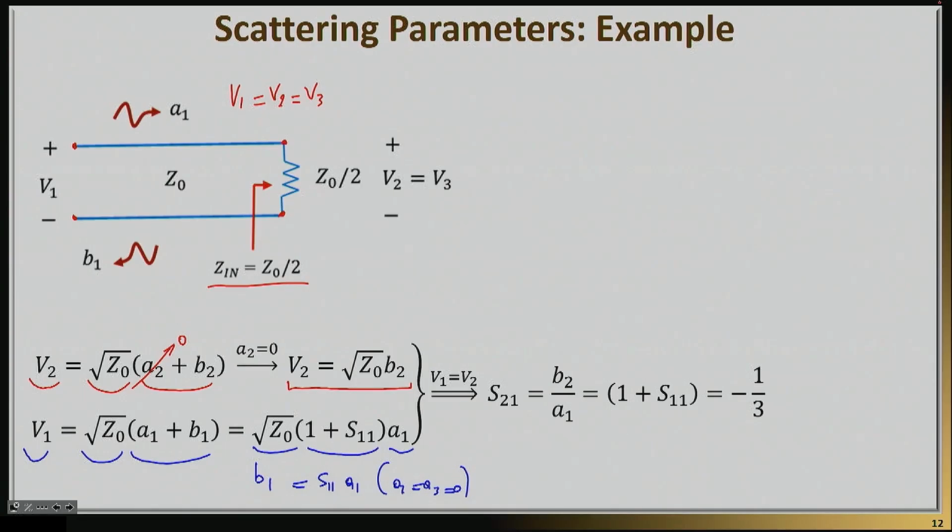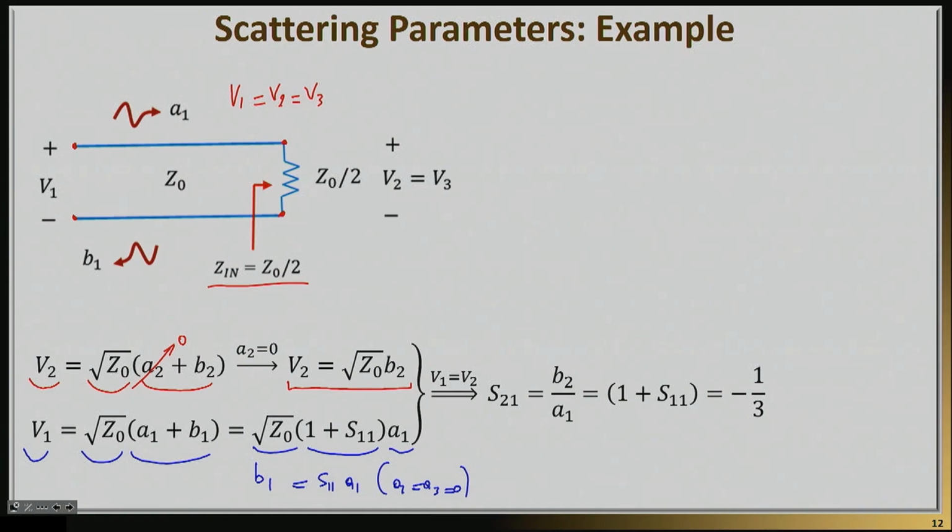So again, there is actually no assumption behind this equation that is true only for this particular network. This equation I wrote there will be true for all networks as long as you make sure that all the ANs, except for A1, are going to be equal to 0.